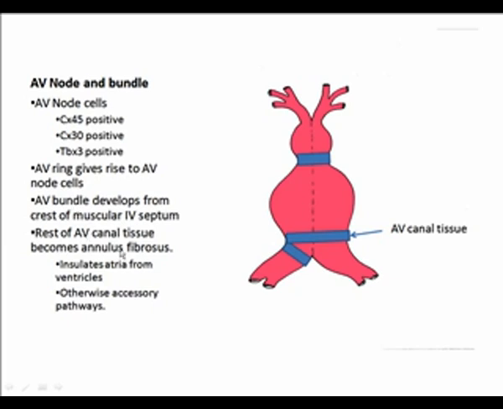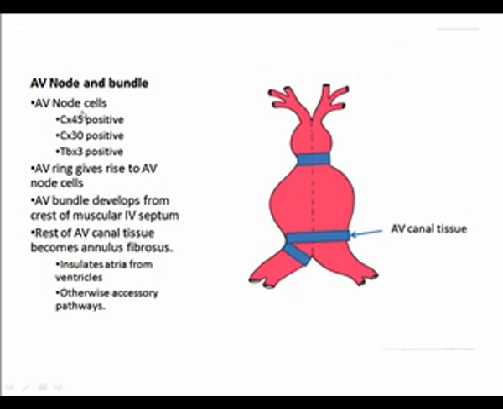The rest of the AV canal cells will become the annulus fibrosus, and this is important because the annulus is going to insulate the atria from the ventricles. Otherwise you get accessory pathways between the atria and the ventricles, and these accessory pathways can lead to arrhythmias.